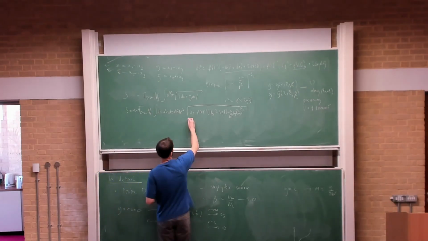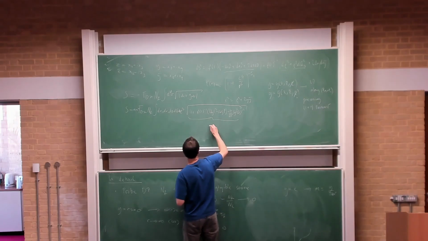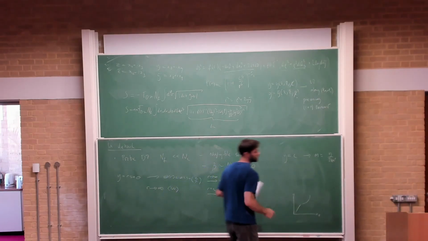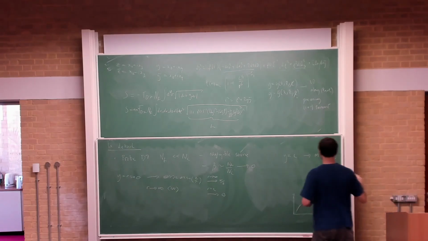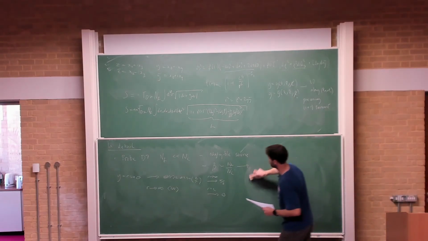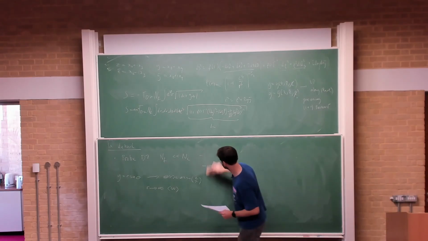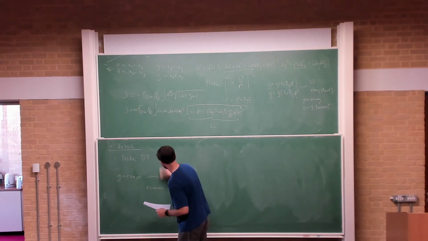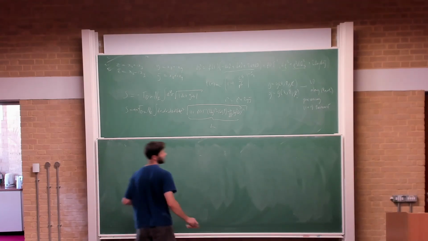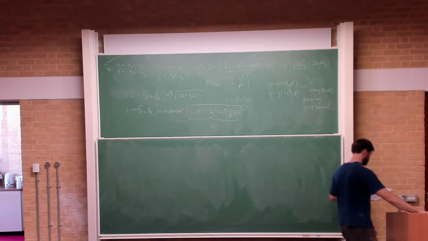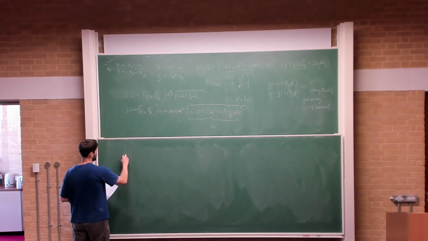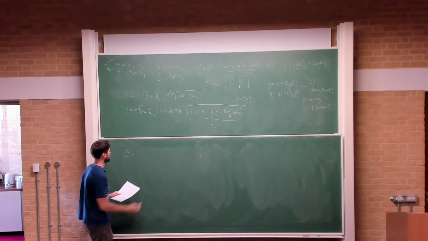So if we define this as a Lagrangian density L, then we can write it in the following ways.